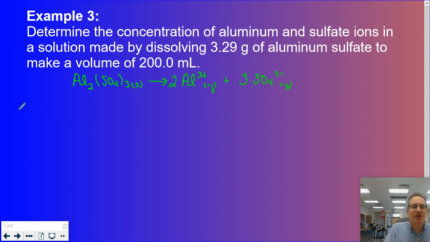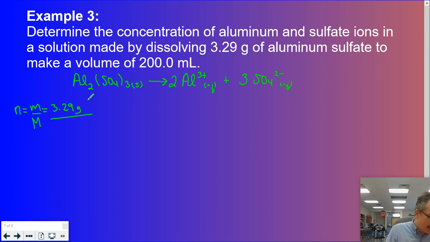This is going to use previous knowledge that we've built in the last few days. So first thing we're going to do is find the moles of aluminum sulfate. I'm going to take 3.29 grams and divide by the molar mass. So 2 times 26.98 plus 3 sulfurs at 32.07, plus 12 oxygens at 16 apiece.